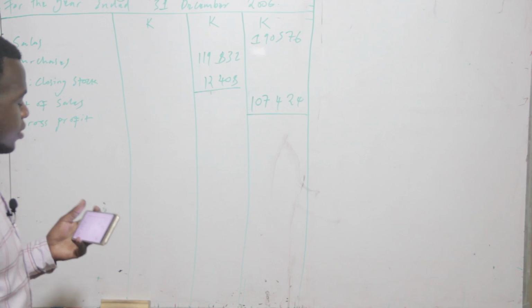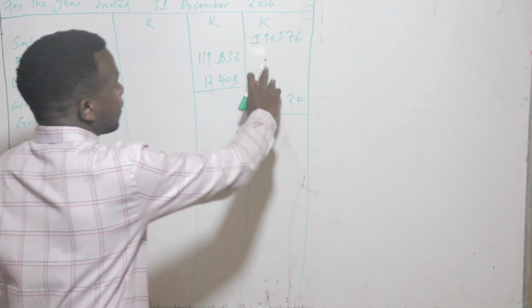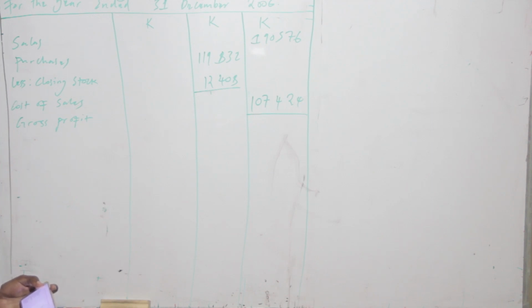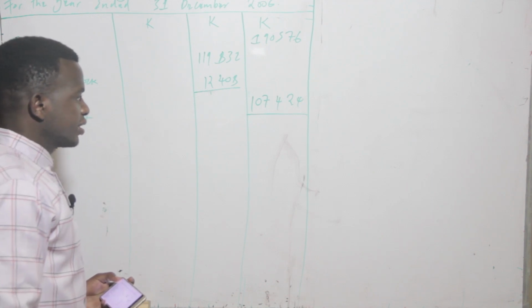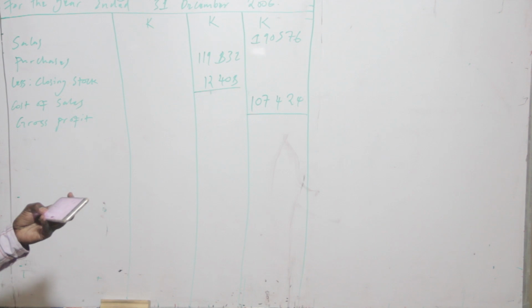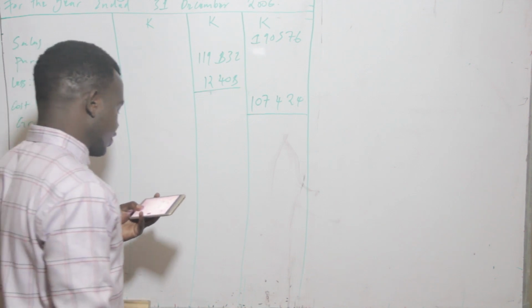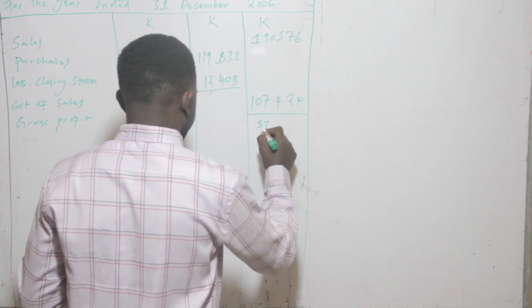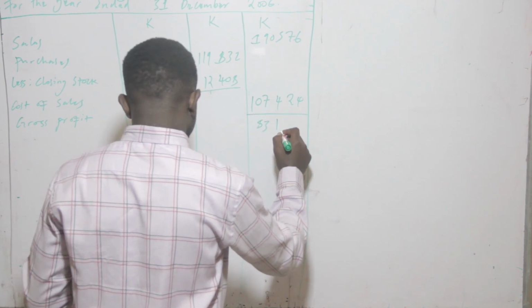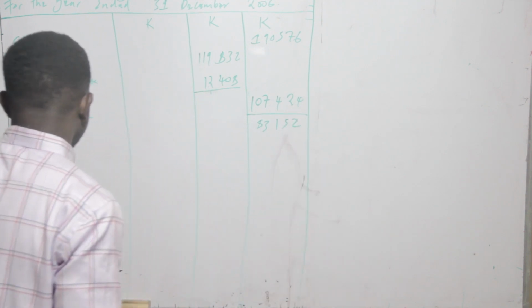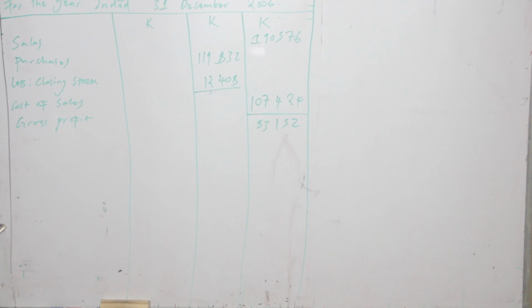To find our gross profit, we're going to say 190,576 minus 107,424, and the answer there is 83,152. That's going to be our gross profit.